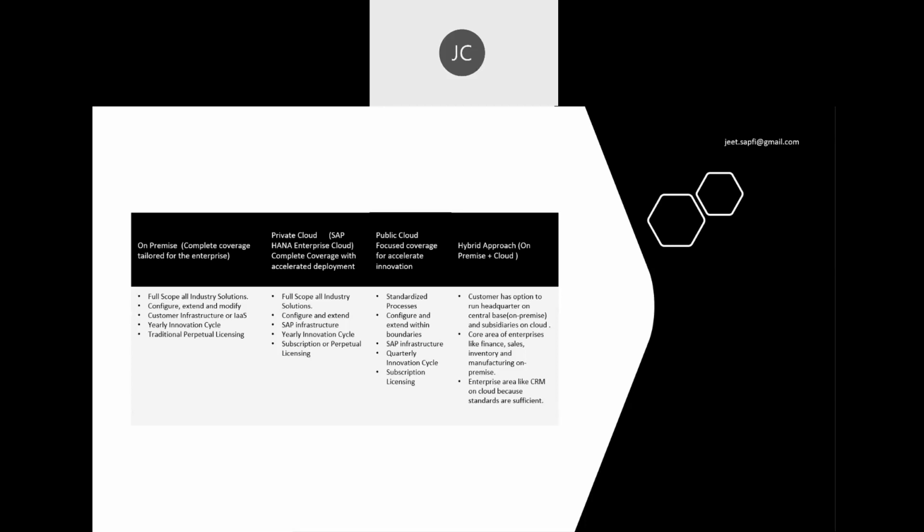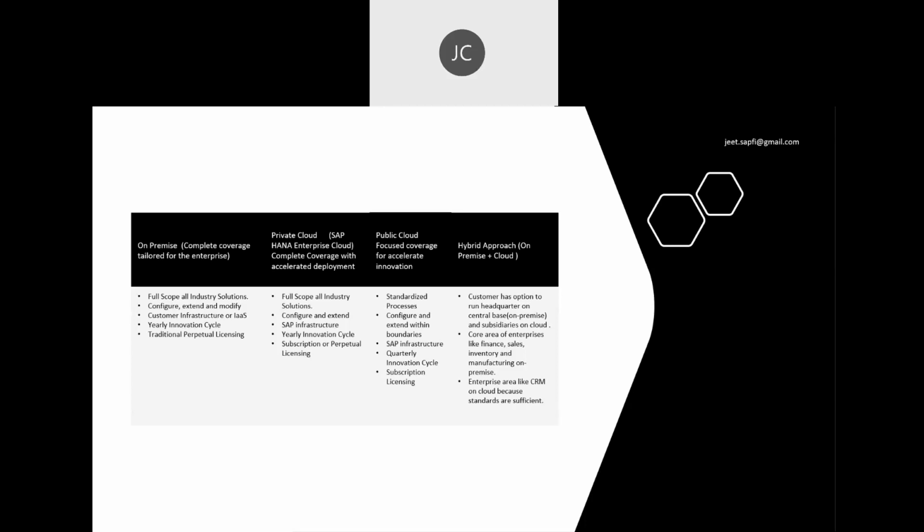Okay, so in on-premise, all solutions, the database, all three layers of the architecture are controlled or governed by the customer itself, right? Full control. But in a private cloud, the database, the application layer and all those things are handled by SAP, and that is called SAP infrastructure.